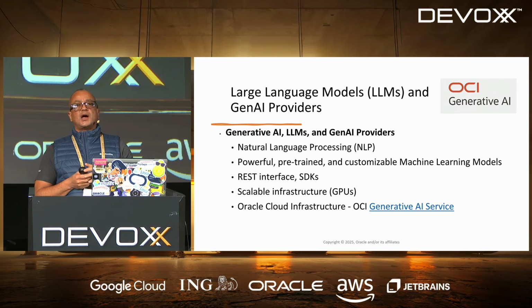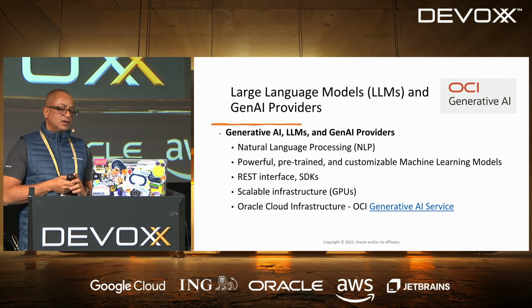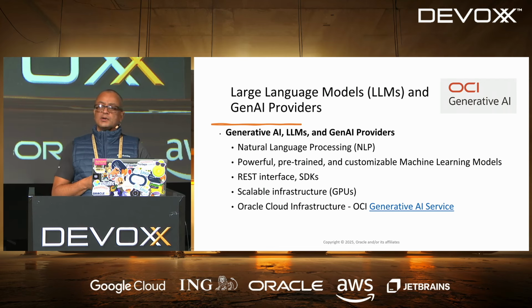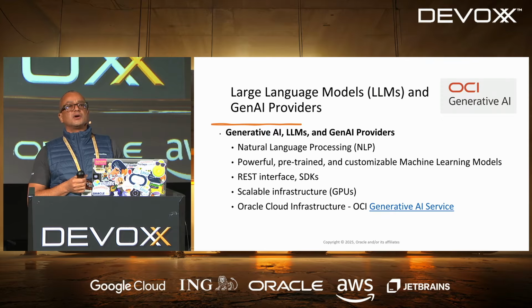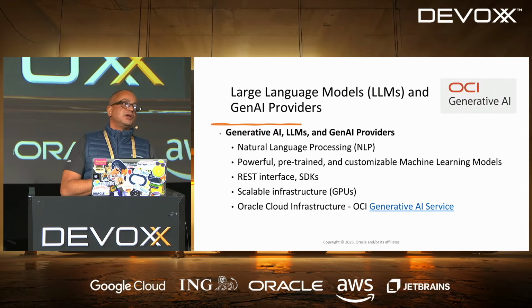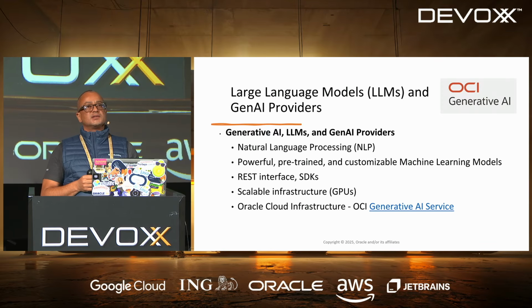I want just to highlight that the Oracle Cloud is actually now among the main players regarding GPU availability, mainly because we are the only cloud where GPUs are available at the bare metal level, okay? Because many cloud providers give you access to GPUs, but that is somehow virtualized. But with the Oracle Cloud, you can actually get access to the low-level GPU using the bare metal servers that we have.